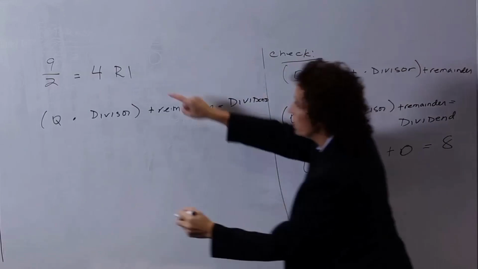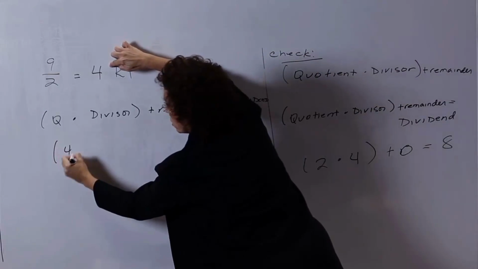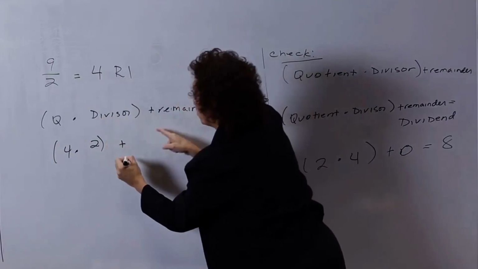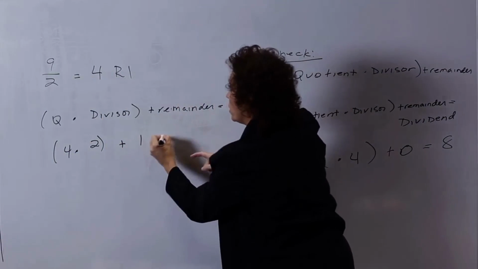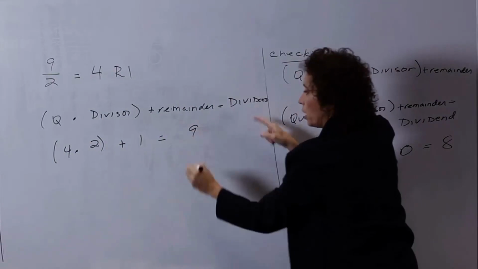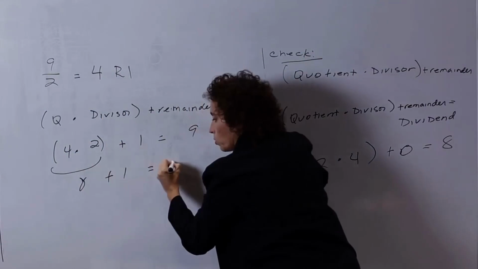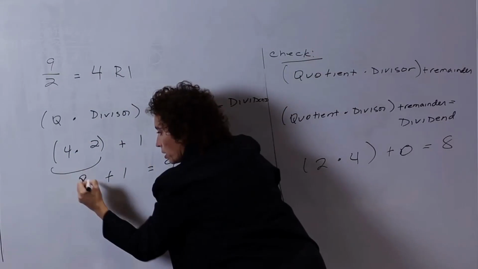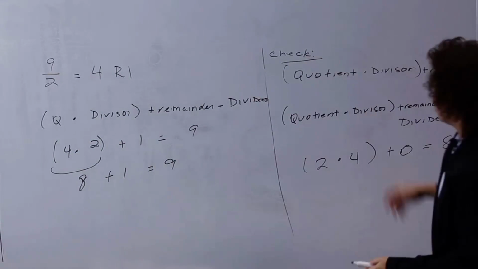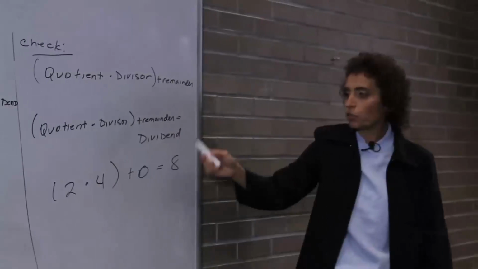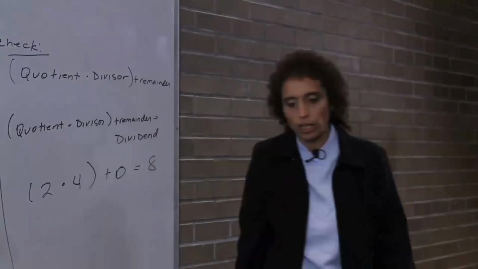Okay, so quotient is 4 times the divisor, which is 2, plus the remainder, which is 1. That's supposed to equal a dividend, which is 9. And here we go. 8 plus 1 equals 9. That's a pitiful 8. Okay? So that's how you get the check. The quotient times the divisor plus the remainder is the dividend. And that's the check for that.